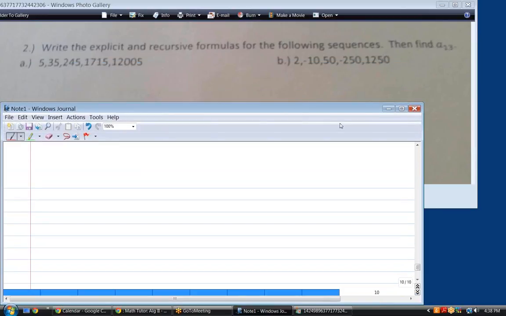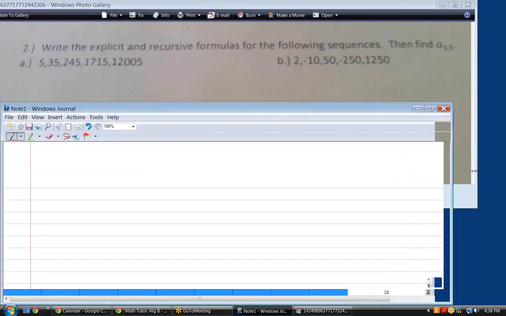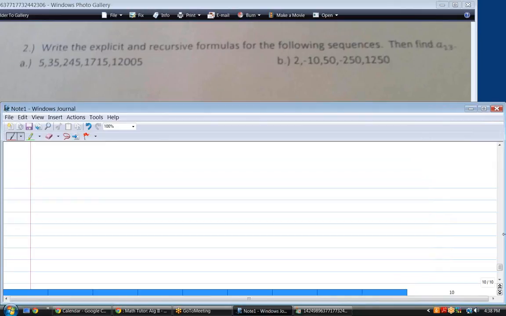What kind of sequences are these? Arithmetic or geometric? Geometric. Okay, good. What's the general format of a geometric sequence for the explicit a sub n?